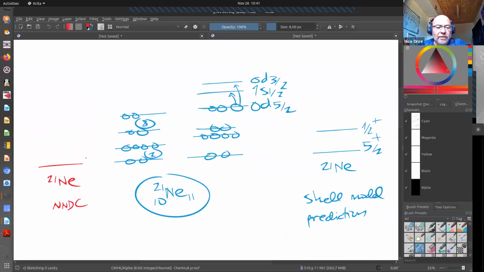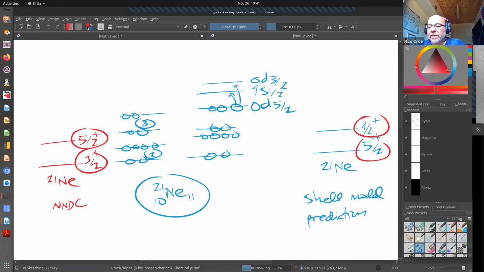So these levels are not showing what the shell model prediction is giving. So there's a big question mark here of what's going on.